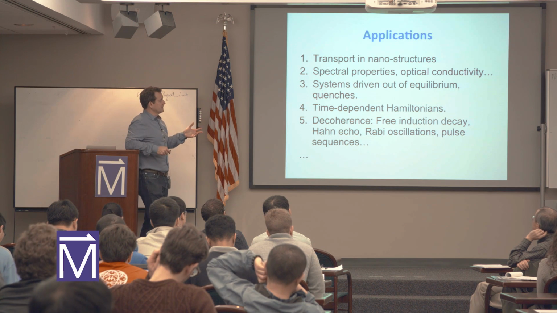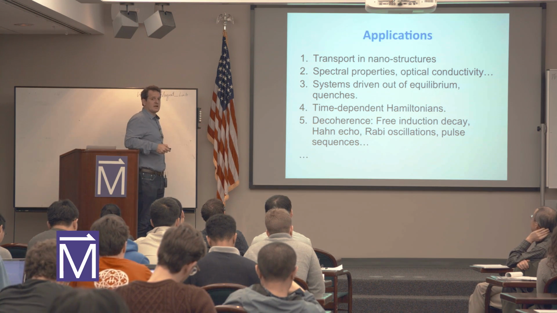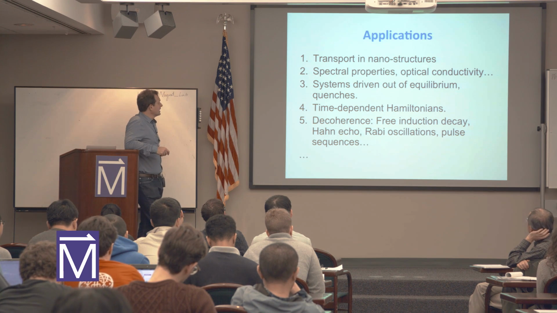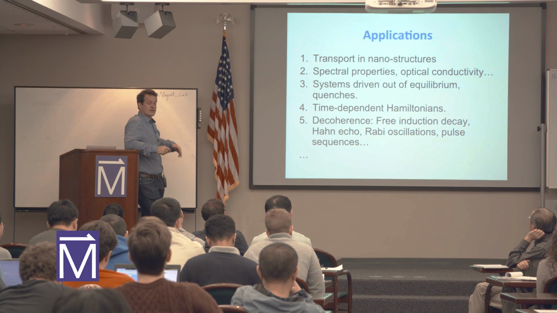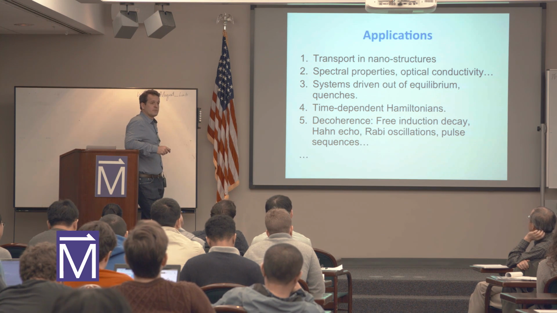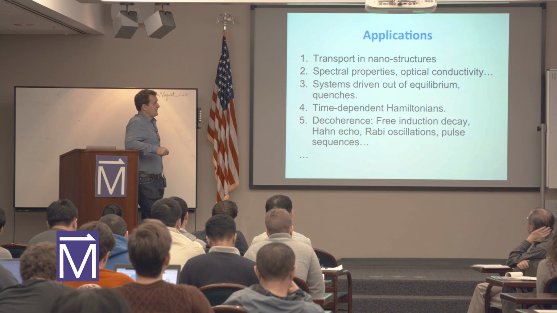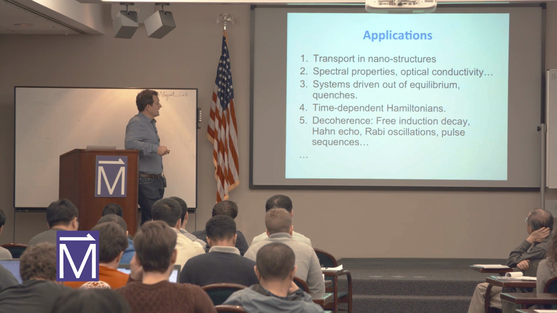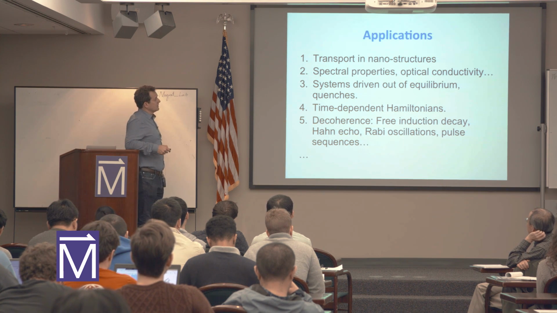The nice thing about time-dependent DMRG is that now all of a sudden a new zoo of problems is within reach, and we can study transport in nanostructures, and not only in equilibrium. We can study transport away from equilibrium by applying large biases. We can apply time-dependent perturbations, pumps, and look at spectral properties, the optical conductivity, for instance, spectral functions.